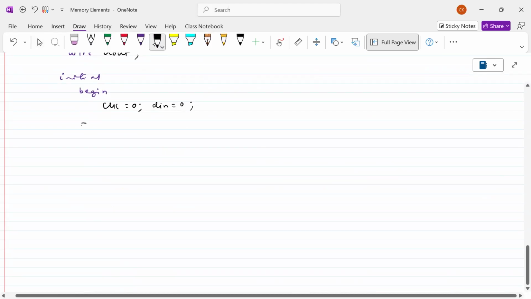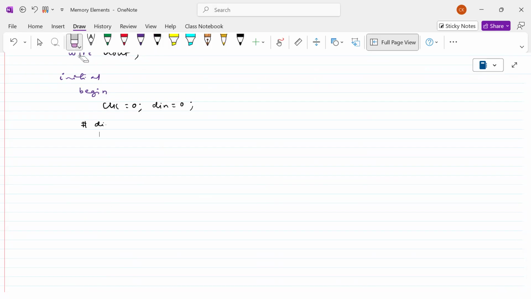At 1 nanosecond, DN is equal to 1. Another 1 nanosecond, DN is equal to 0. Another 1 nanosecond, DN is 1.